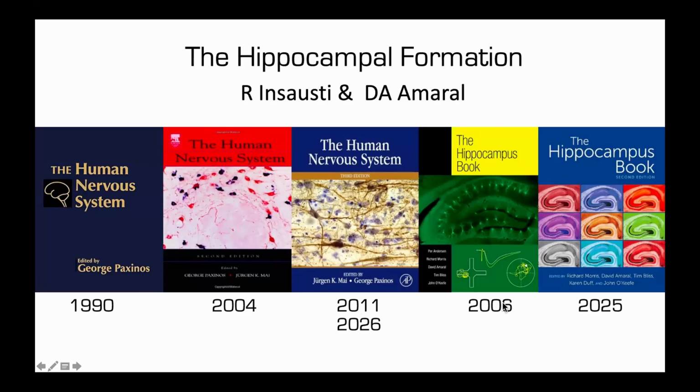And he also contributed chapters in the Hippocampus book, the 2 editions, with David Amaral on the neuroanatomy of the hippocampal formation. And a group of us had to take on the edition of the Human Nervous System for 2026, and he passed away. So he passed us the work to continue with this Human Nervous System, which is a great honor for all of us.